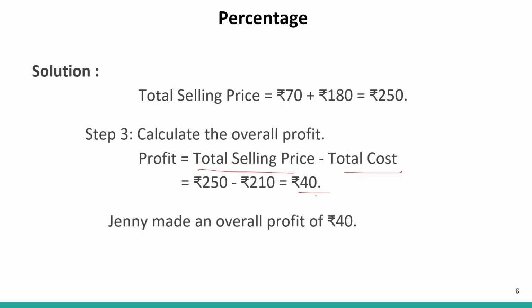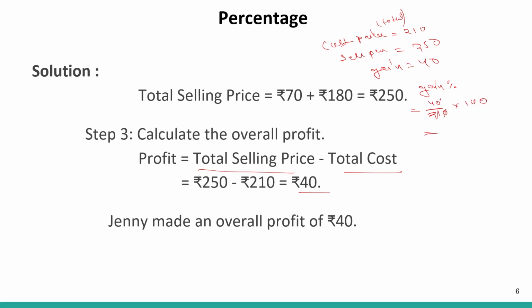Let's see how much is 40 of 210. Basically, the cost price is 210 in total, and the selling price is 250. So let's see the gain percentage or profit percentage. It will be equal to 40 by 210 into 100.